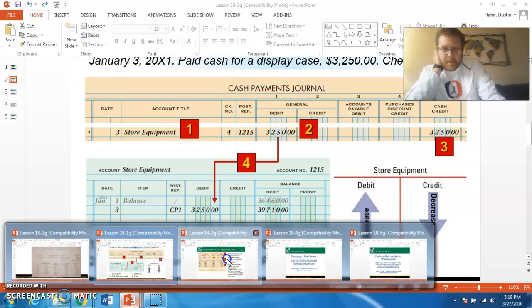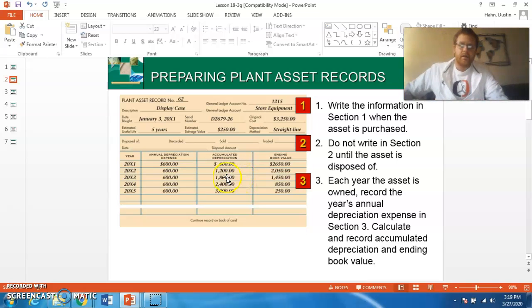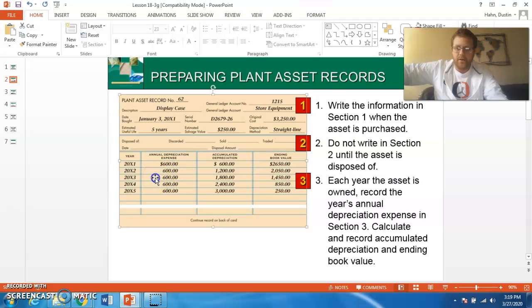But anyways, we have used this one before. The ending book value, the accumulated depreciation, then your annual depreciation expense. Straight line, had it for 5 years. This one's year 1, year 2, year 3, year 4, year 5.